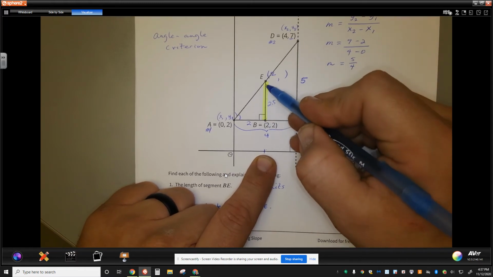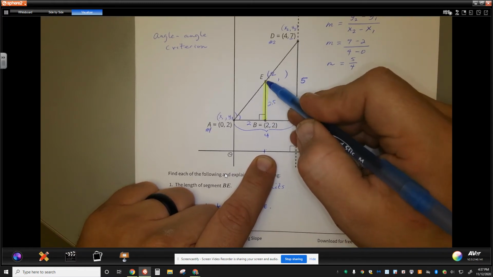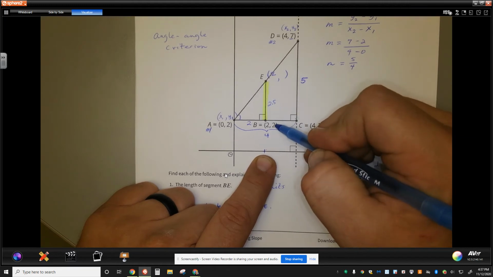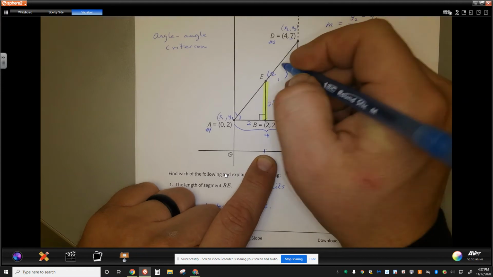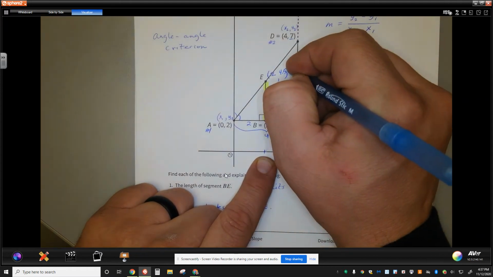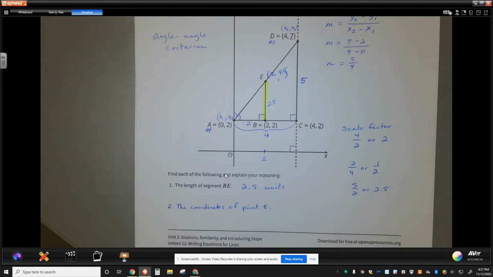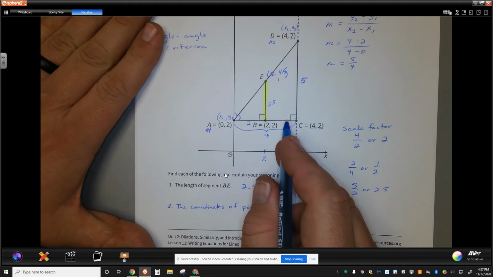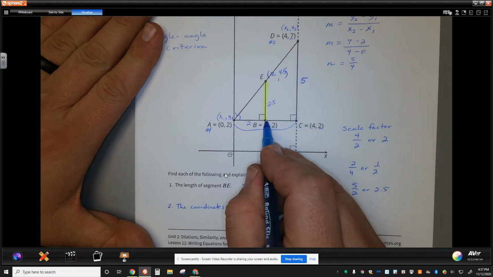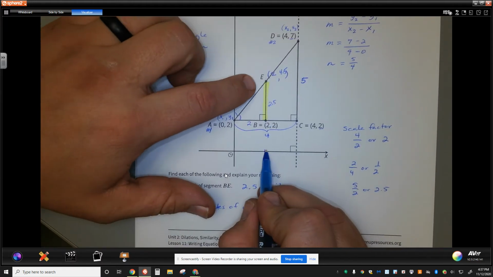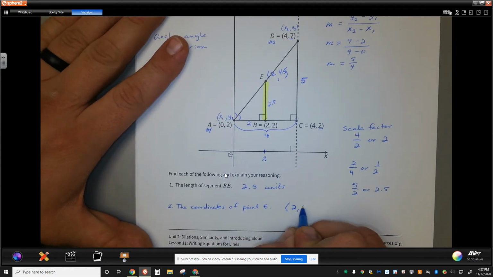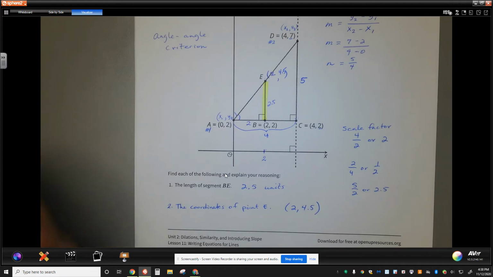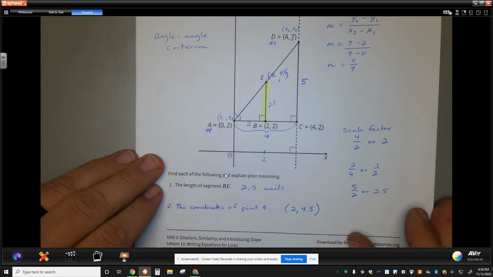And then we have to go up 2.5 more units to get to point E, which means we have 2 from the bottom plus 2.5 to the top, giving us 4.5 units from the x-axis to E. So the ordered pair of E is going to be 2 and 4 5/10.